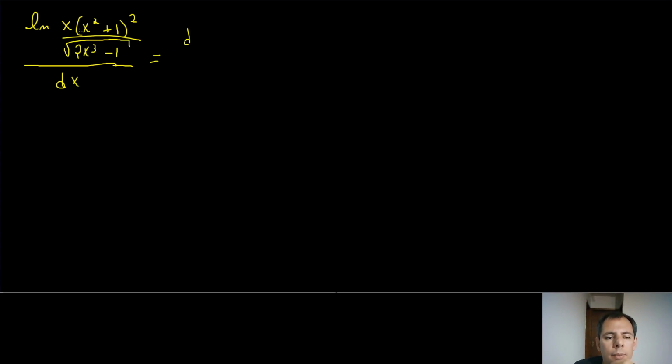In logarithms, they have another property. When you have something multiplying, you can separate the logarithm and make it a plus. When you have dividing, you can separate the logarithms and make it a minus.